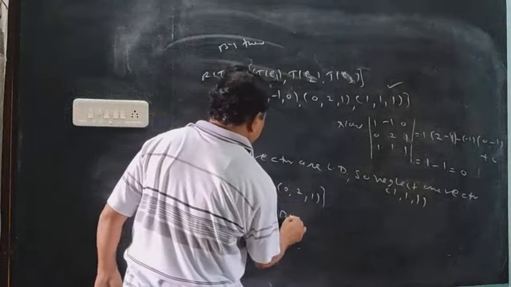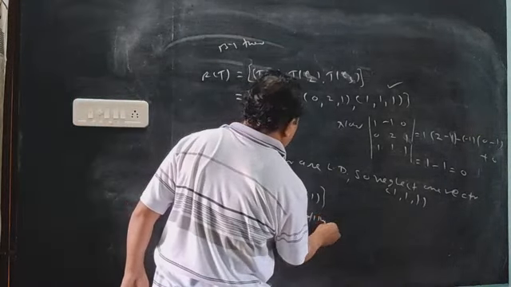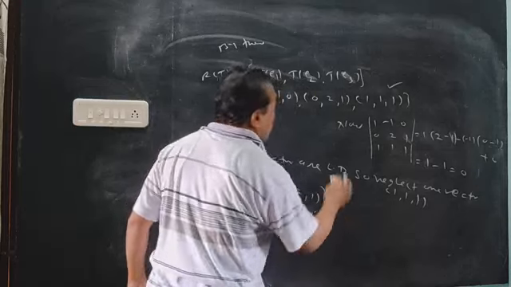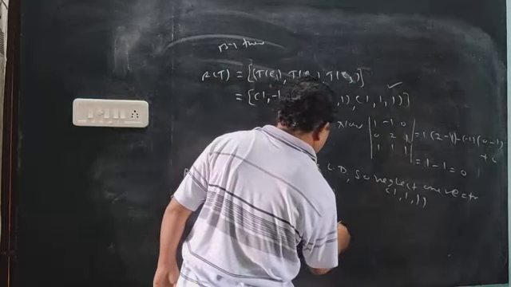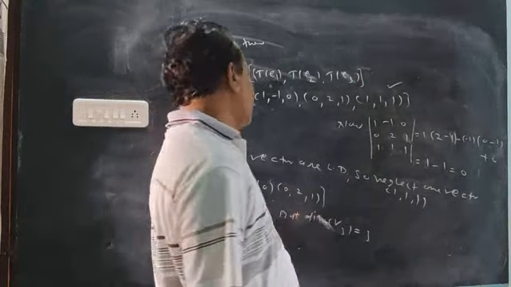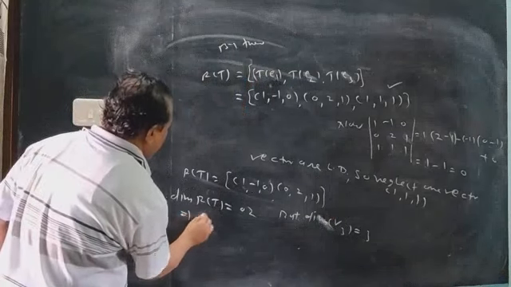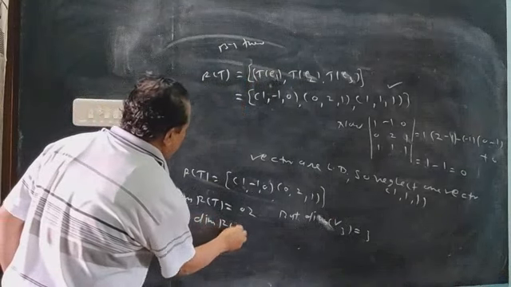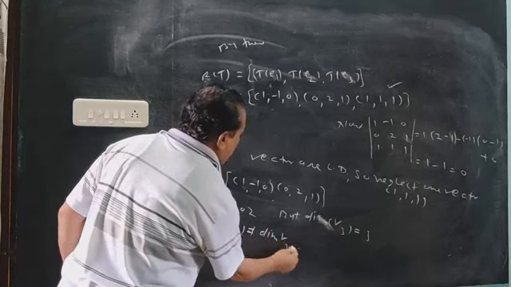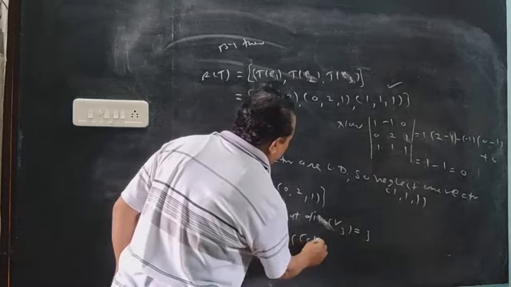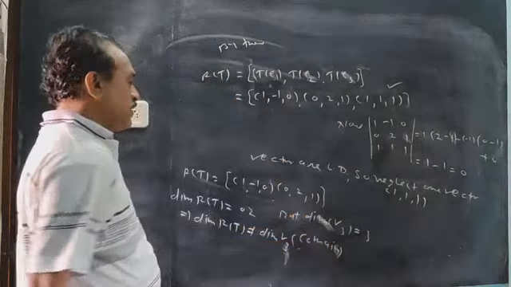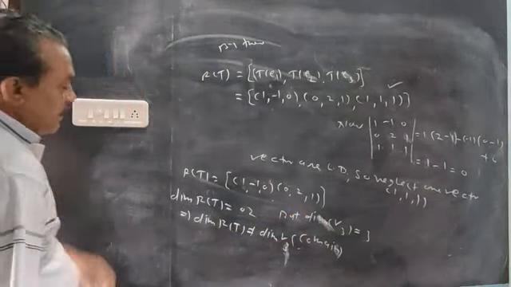But the dimension of V3 is 3. So the dimension of RT is 2, the dimension of V3 is 3. Not equal, not a match. V3 is the codomain space, and these must match because the range is in the right side set.